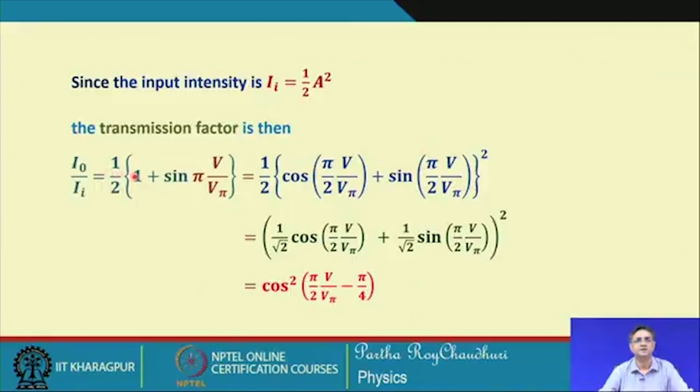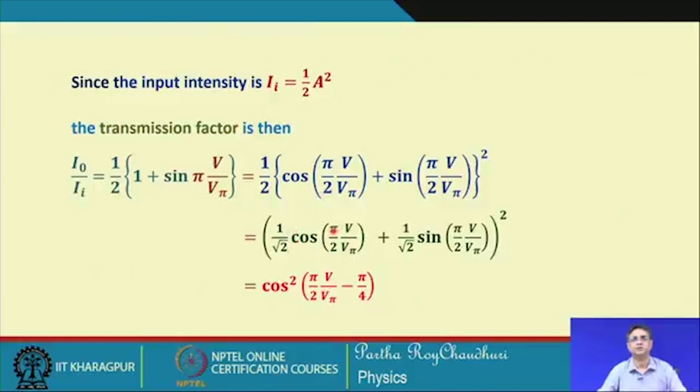Let us call this theta, and this 2 theta. Then this will be sine square theta plus cosine square theta plus 2 sine theta cosine theta. So you can put the entire thing in a bracket with a square, and that gives you each of these quantities as 1 by root 2.